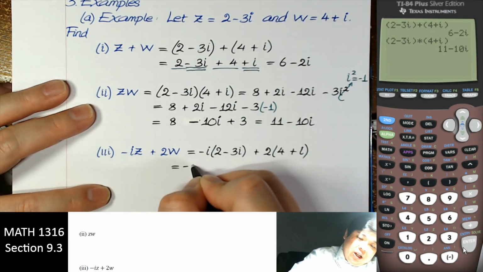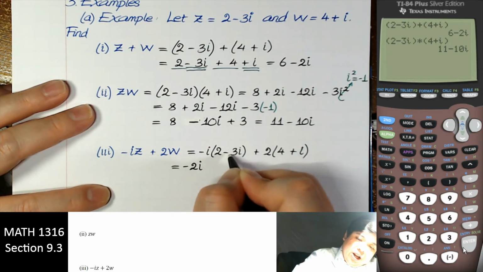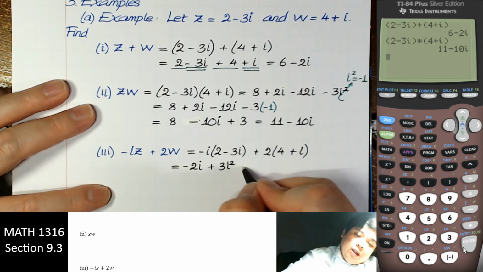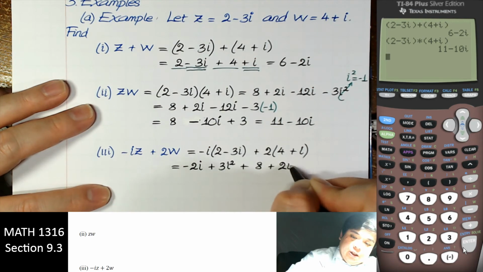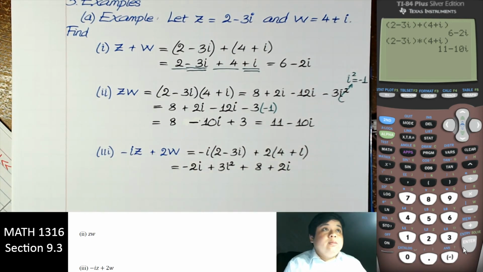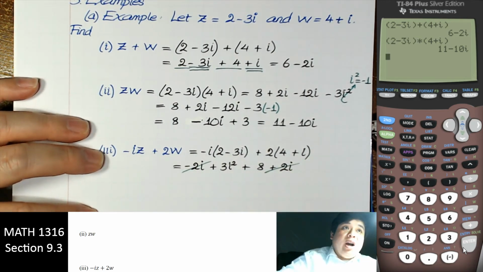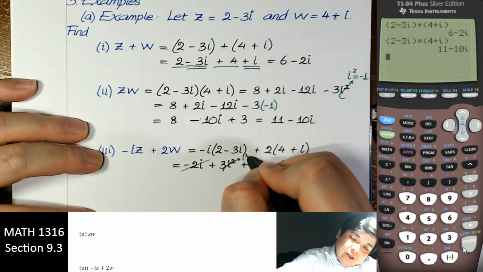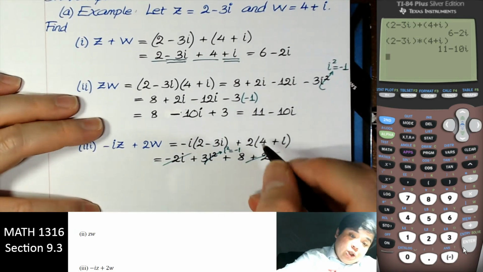Minus 2i minus a negative plus 3i squared plus 8 plus 2i. Of course we can do a lot, but conveniently 2i and negative 2i cancel out. i squared is equal to negative 1, so we replace that.